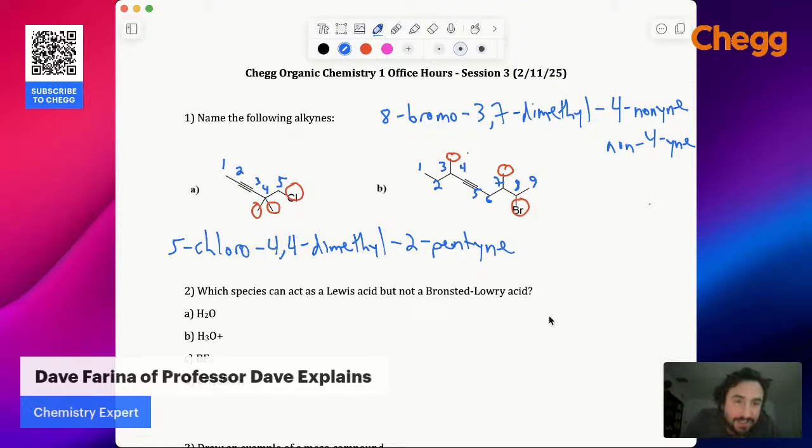Kilua Lusty asks, can you tell us the priority order for functional groups when it comes to naming compounds using IUPAC? So as I said earlier, the main ones that you want to remember are that alkyl and halogen are equivalent and they are the lowest priority. Then it's actually triple bond and then double bond.